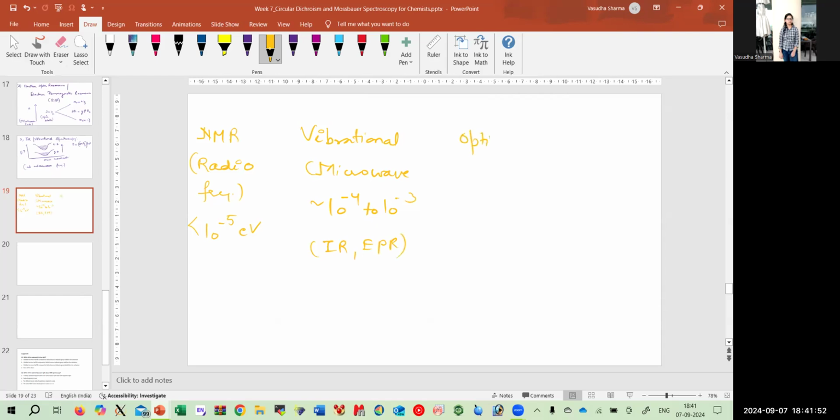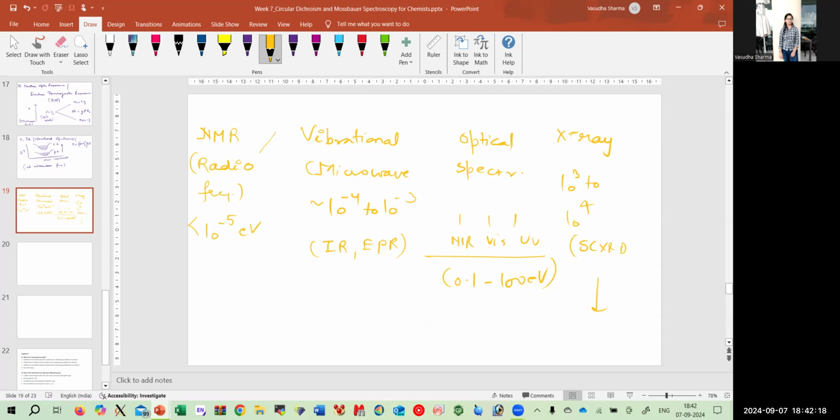Then you have the optical spectroscopy, which is in the range of near infrared, visible and UV, and it's approximately 0.1 to 100 electron volt. The energy is increasing. Then we have X-rays, which go from 10 to the power 3 to 4, required for single crystal XRD.